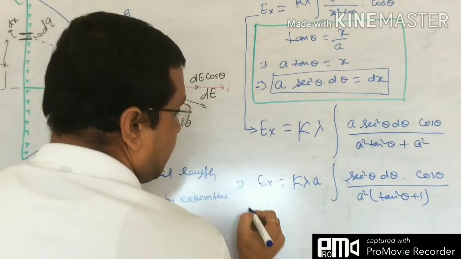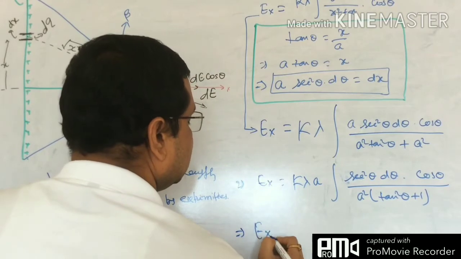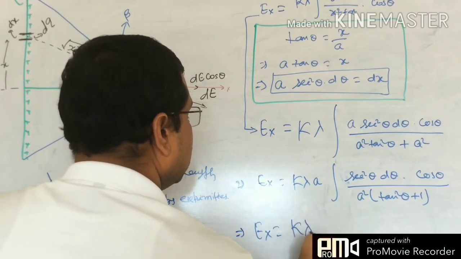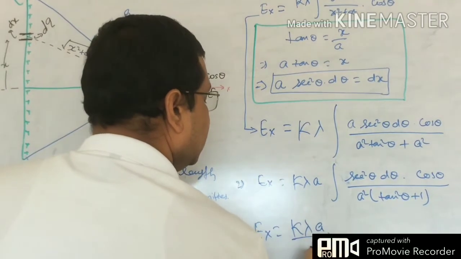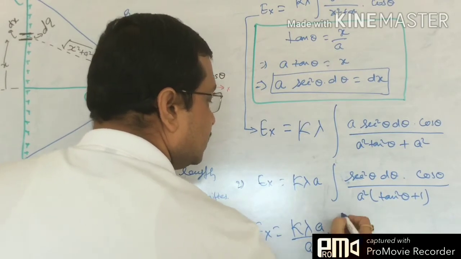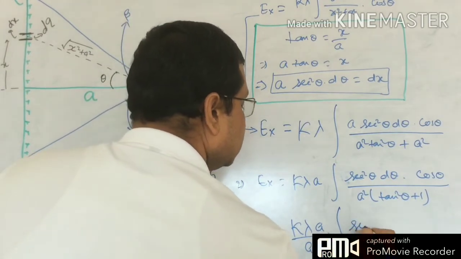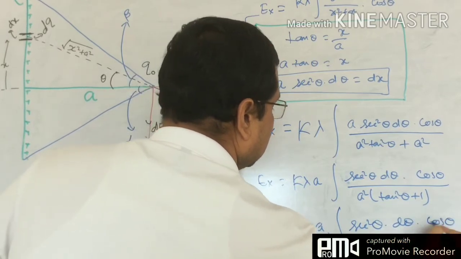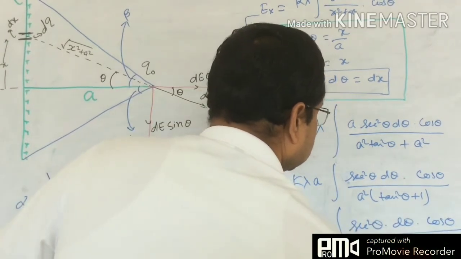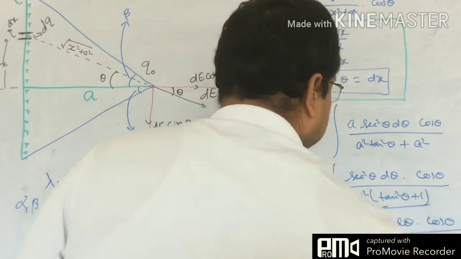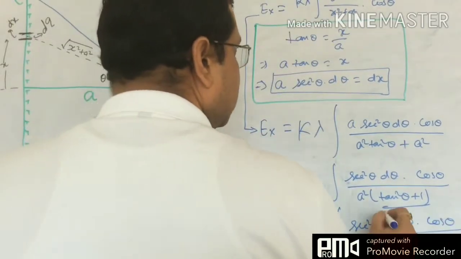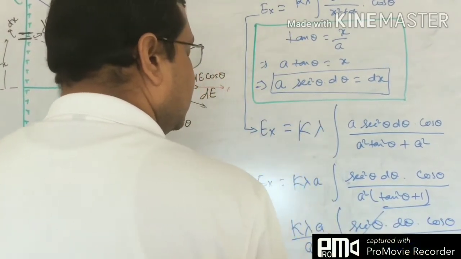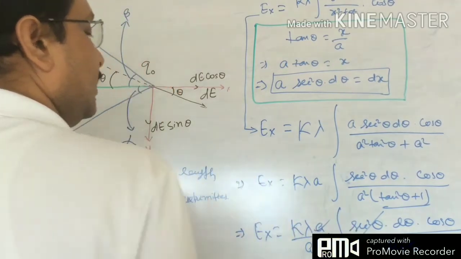So here we can write Ex equals k into lambda a by a square. A square is also coming out of the integration, sec square theta d theta into cos theta by sec square theta, because tan square theta plus 1 equals sec square theta. So sec square theta gets cancelled, and a and a square get cancelled.